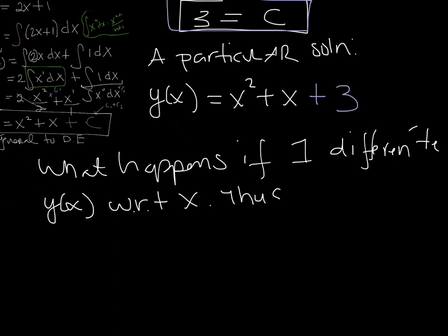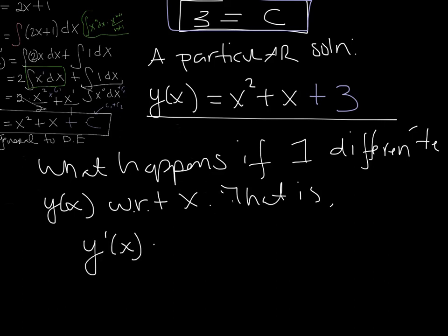If I find the derivative, y prime of x, I get 2x plus, the derivative of x is 1, and the derivative of 3, a constant, is 0.